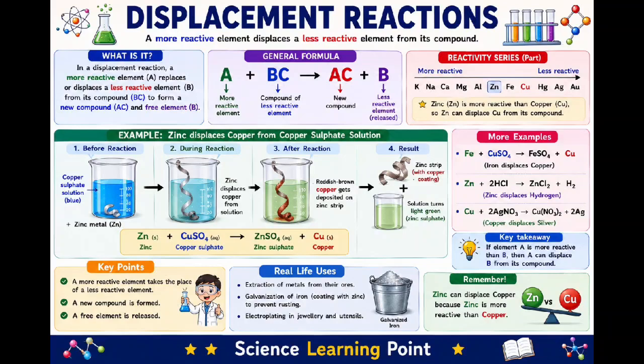A more reactive metal can replace a less reactive metal, but a less reactive metal cannot replace a more reactive one. For example, copper cannot replace zinc from zinc sulfate, so no reaction occurs. Displacement reactions are very useful in metal extraction and industrial chemistry.